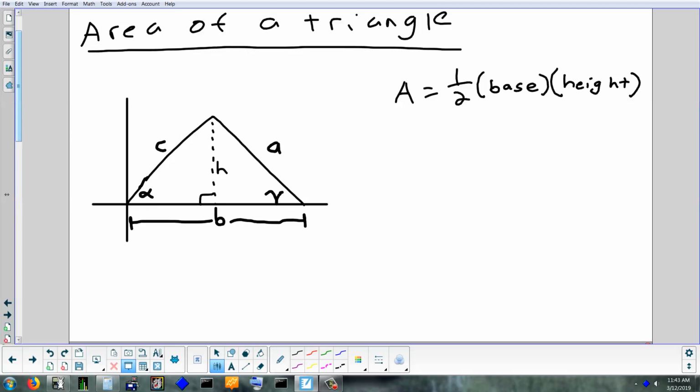So let's take a look at this problem. Okay. Let's draw just a regular triangle. And I'm just going to label some things that I'm going to need. Let's label the bottom side B. Okay, and we'll assume that they give you B. Okay, they'll give you that in the problem. What they're not going to give you is this. H stands for height. H could also be hypotenuse. We'll try not to mix it up with that. H is height.